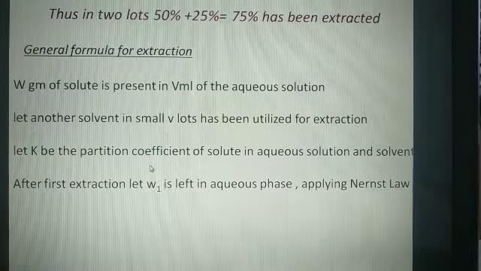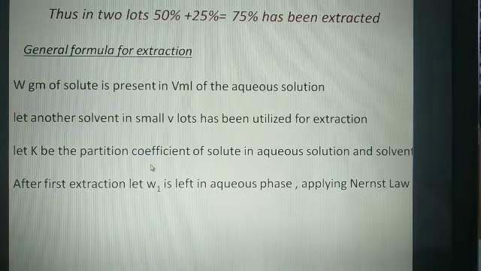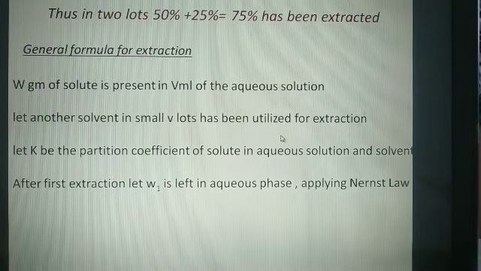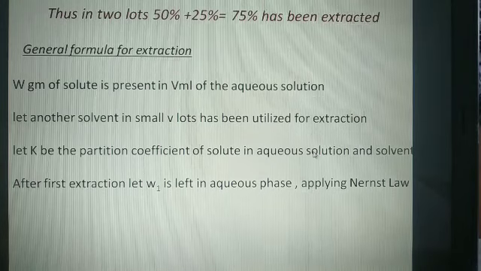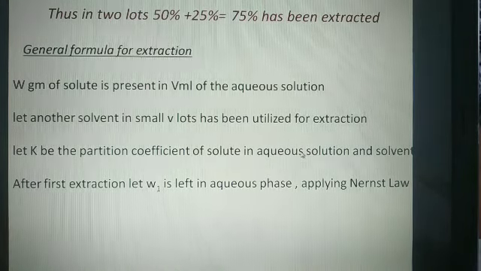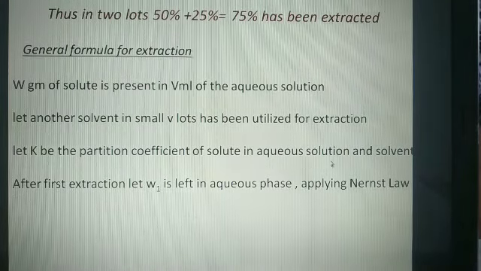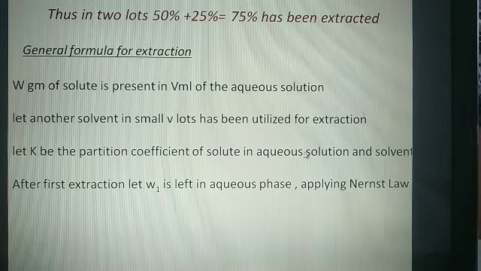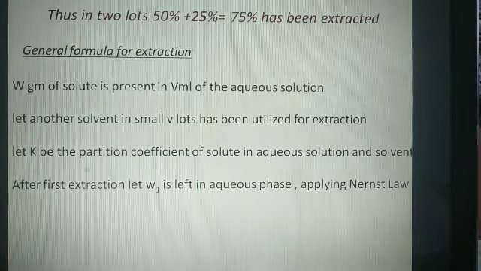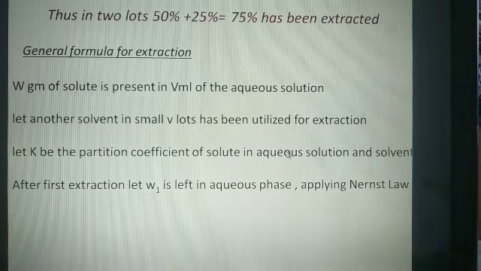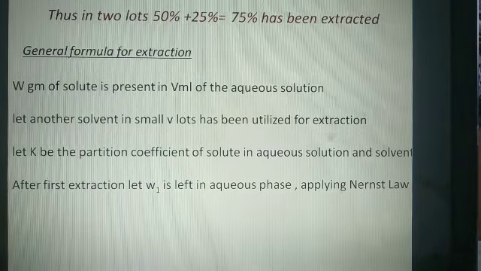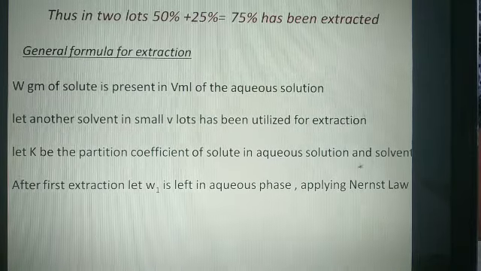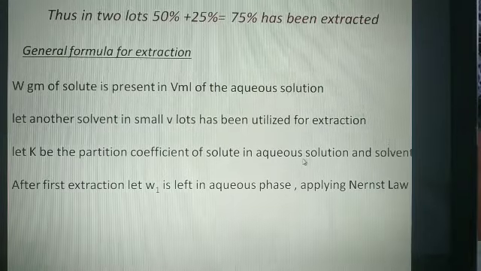Let K be the partition coefficient of the solute in aqueous solution and the solvent. Previously it was from the extracting solvent to the aqueous solution. There it was the reverse case, here I have written the opposite case. Let K be the partition coefficient, it is concentration in the solution divided by concentration in the extracting solvent. This is the formula utilized here.